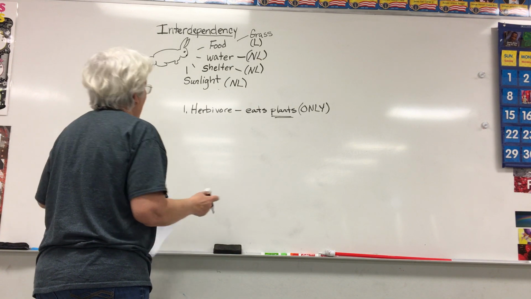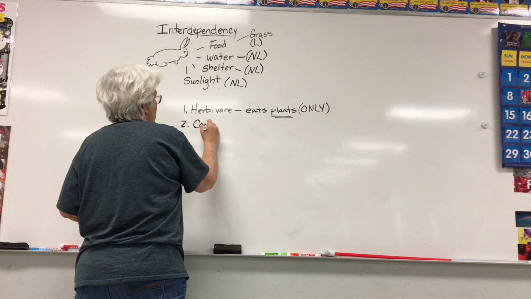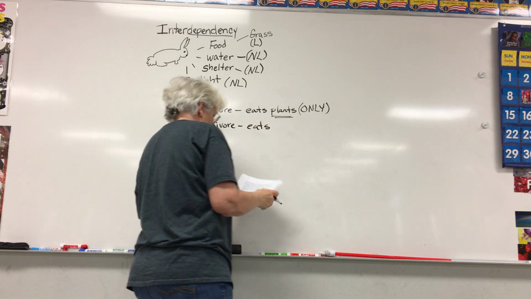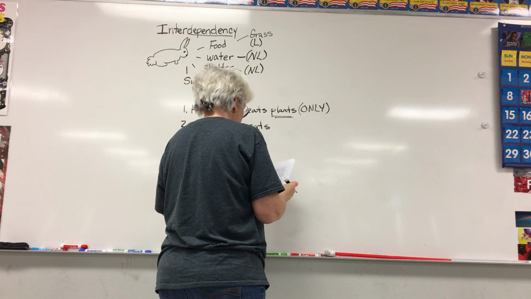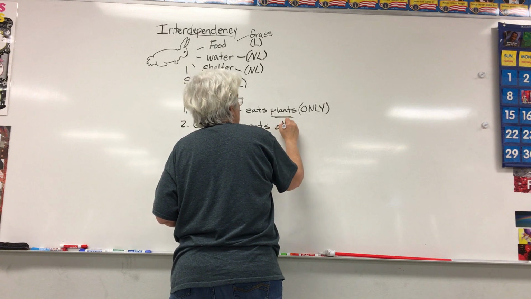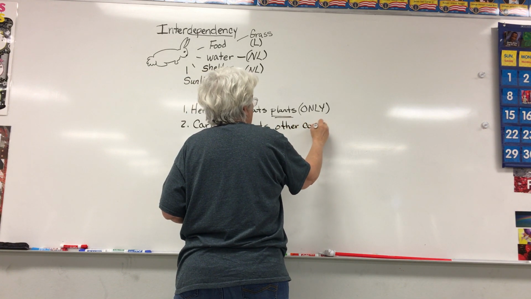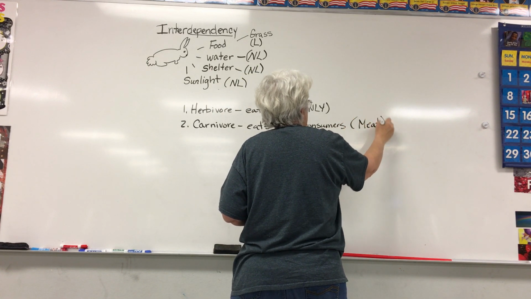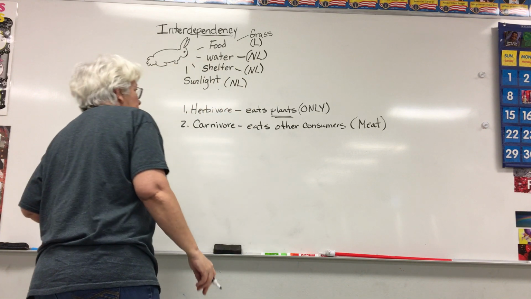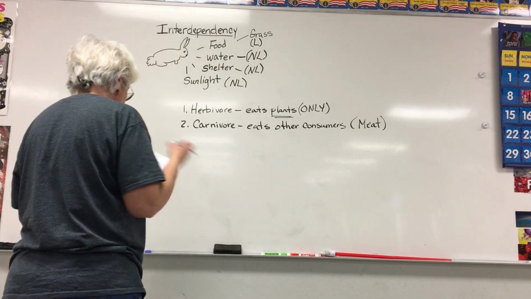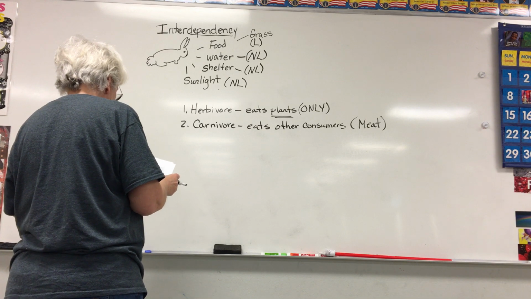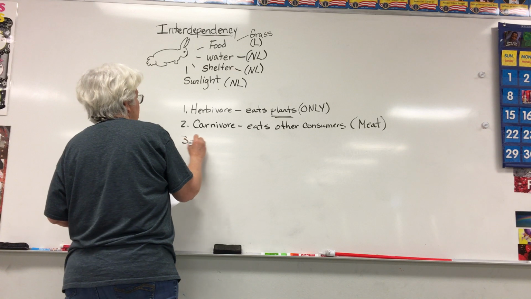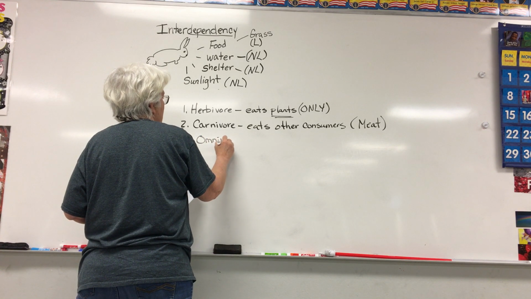Okay. Then number 2 is a carnivore, and he eats other consumers. So he eats, let's make that meat. He is a meat eater, a carnivore. Sharks are carnivores because they get their food from eating other fish and mammals. Our next one is, and y'all know this one, an omnivore.